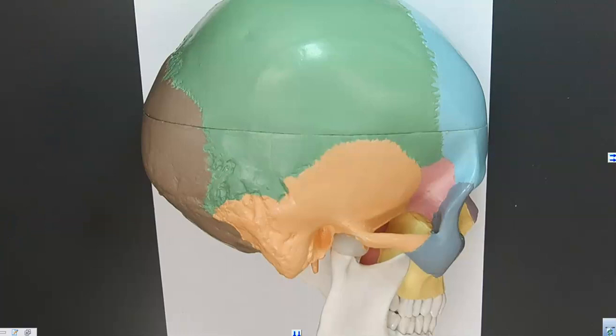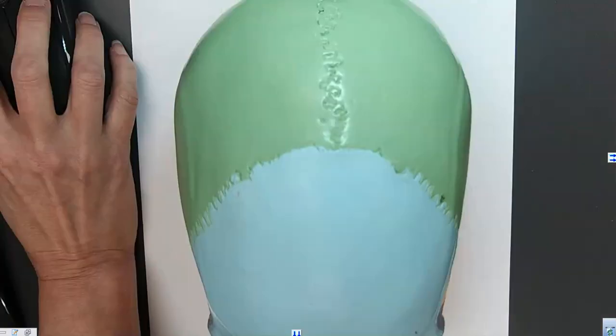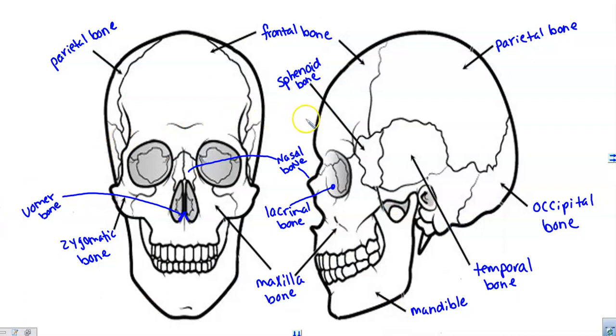So let's label it on our little thing that we've been labeling. If I can get back there to that. All right, so this one right here, that is the coronal suture. And you can make it look a little bit more stitchy if you want. And I've got these in red. Coronal suture. You can't see the sagittal suture, so I'm going to draw some little lines. If you want to, it does go all the way down like this. And so that would be the sagittal suture.